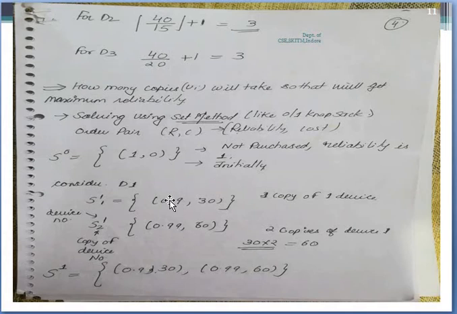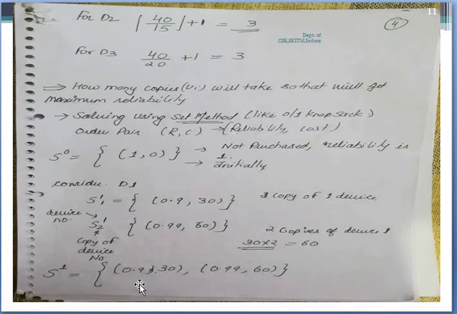So with 1 unit of device 1 the reliability is 0.9, and with 2 units of device 1 the reliability increases. That means if one device malfunctions, we can use the other unit of that device.